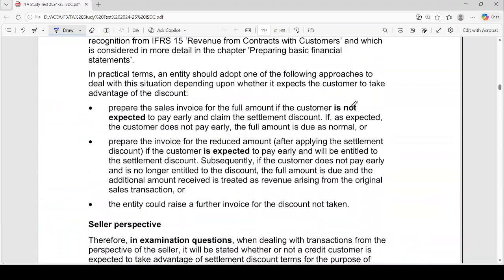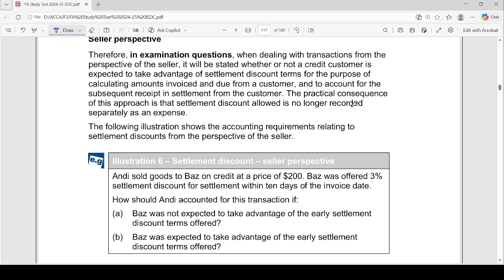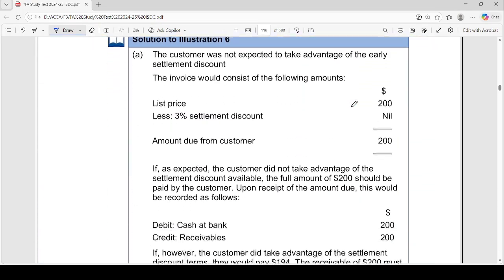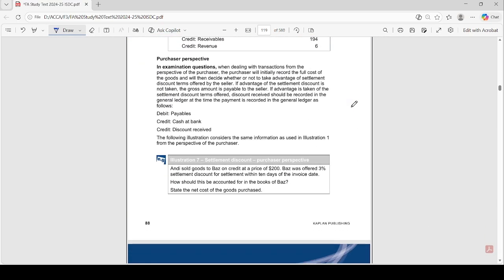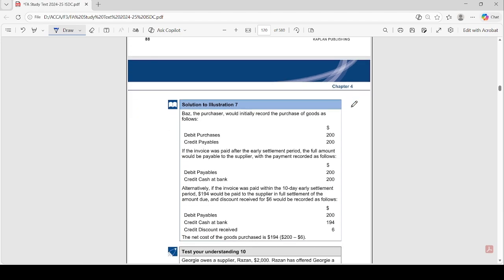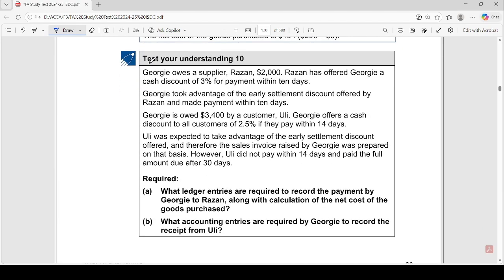On trade discounts, we have no kind of problem. A seller perspective and buyer perspective. We have test your understanding 10.